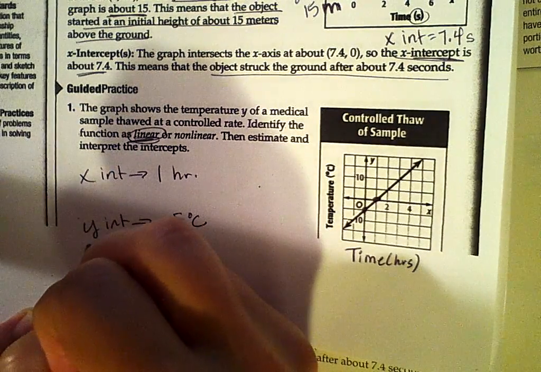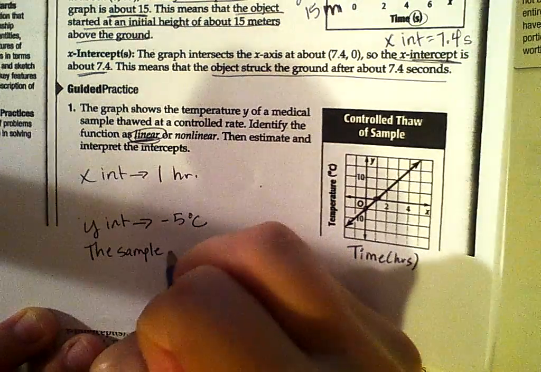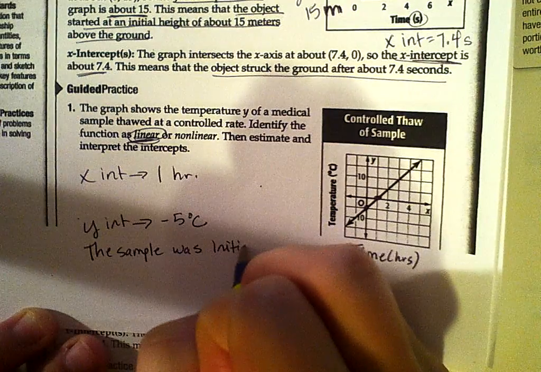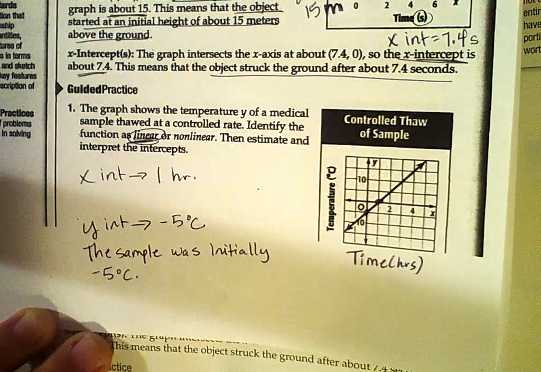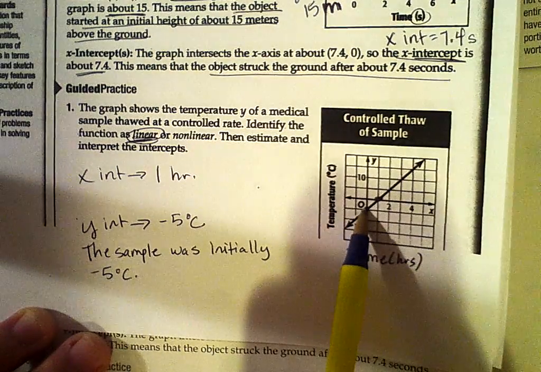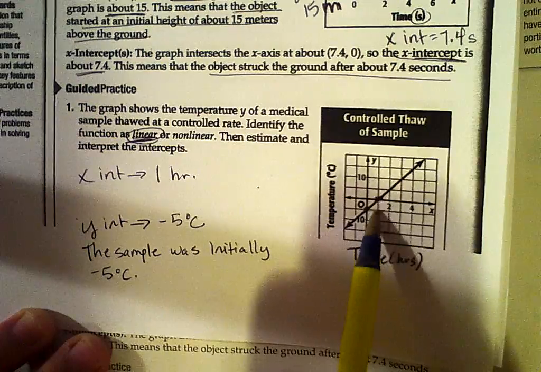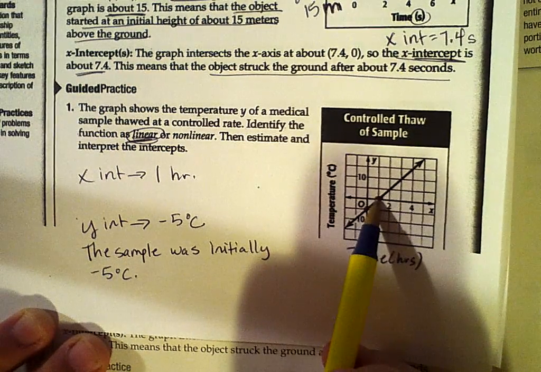Okay, so let's say the sample was initially, that means at the beginning, -5 degrees Celsius. Okay, and then after 1 hour, the temperature is 0 degrees. Okay, so that's explaining what that means.